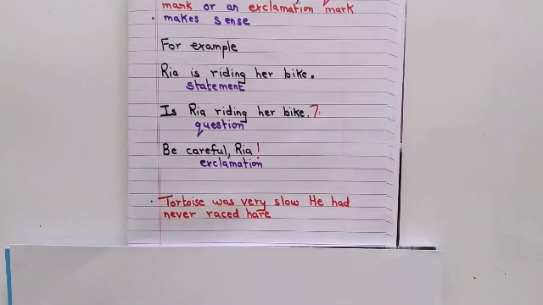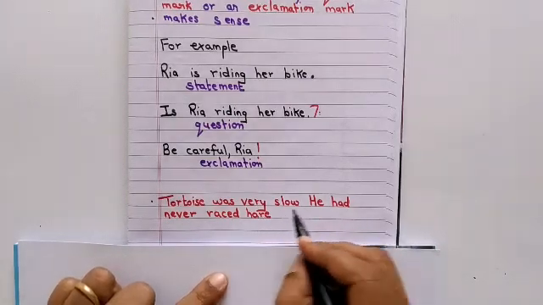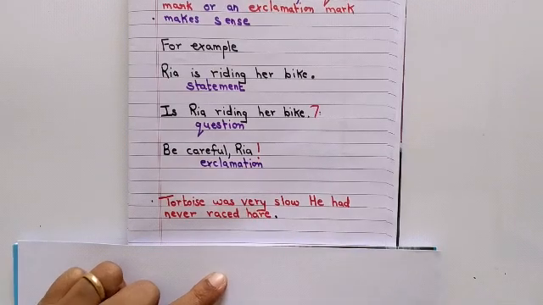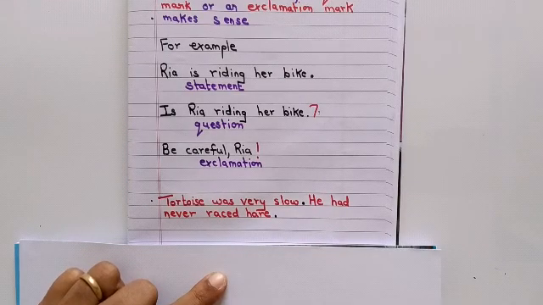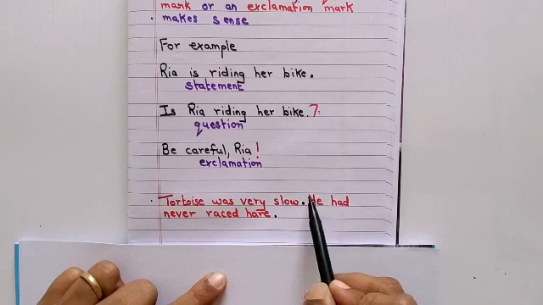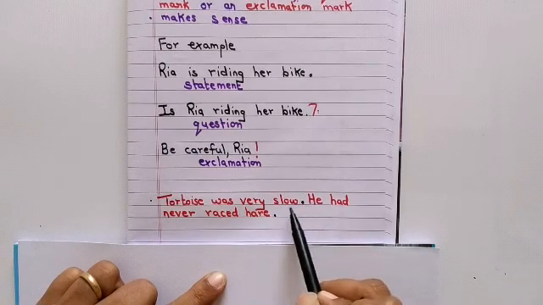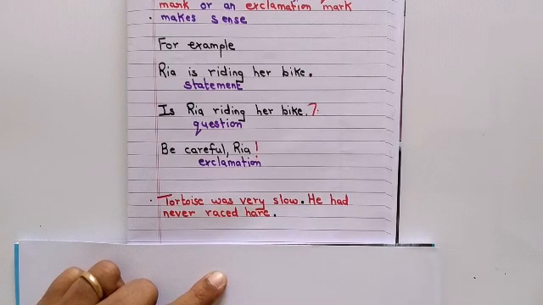Now where am I going to put a full stop here? At the end of the sentence? Only here? Yes, even here. Can you see? You have two sentences here, and here there is a capital letter H in He. So we need to put two full stops, one here and one here.